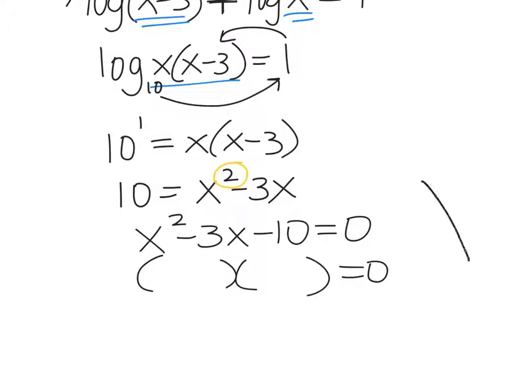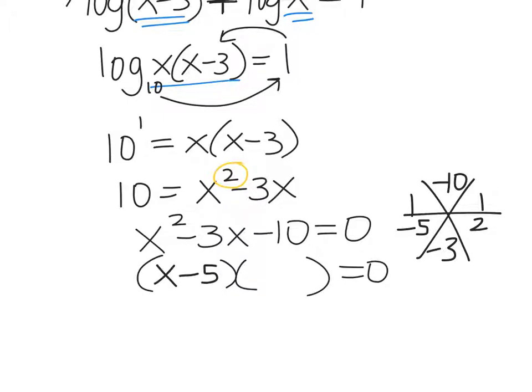Remember star method? You put a times c up top, negative 10, negative 3 in the bottom with a 1 and a 1. And then you ask yourself, what times what's negative 10 adds up to negative 3? Yes, some of you guys are really good at factoring. So then we get x minus 5, x plus 2.